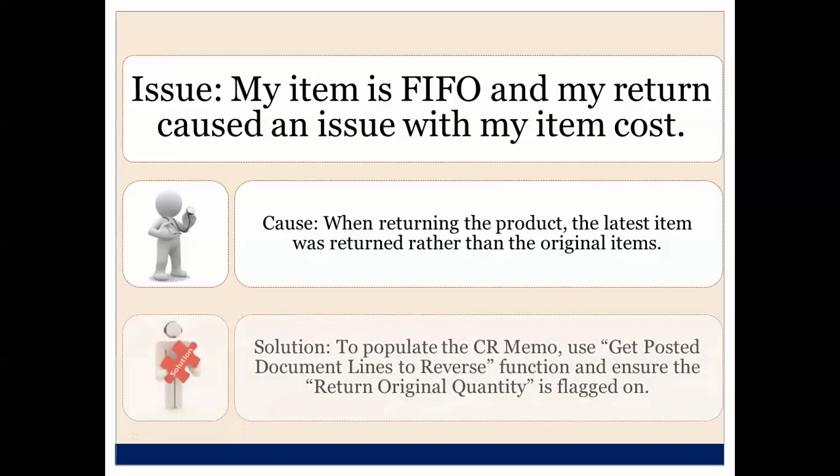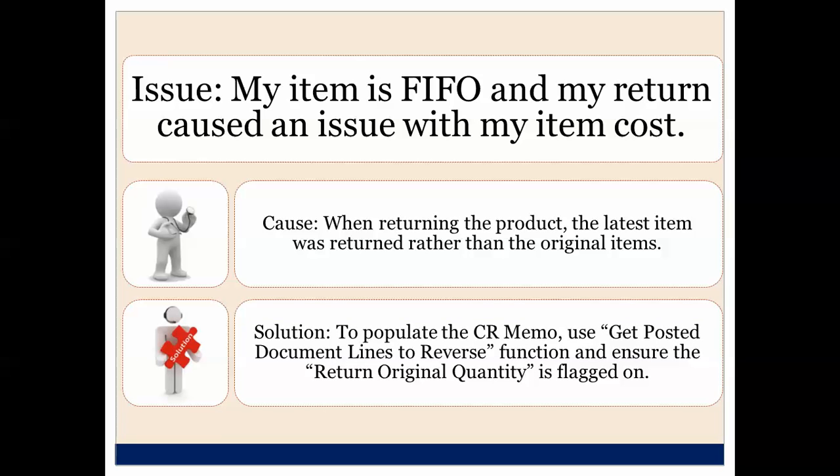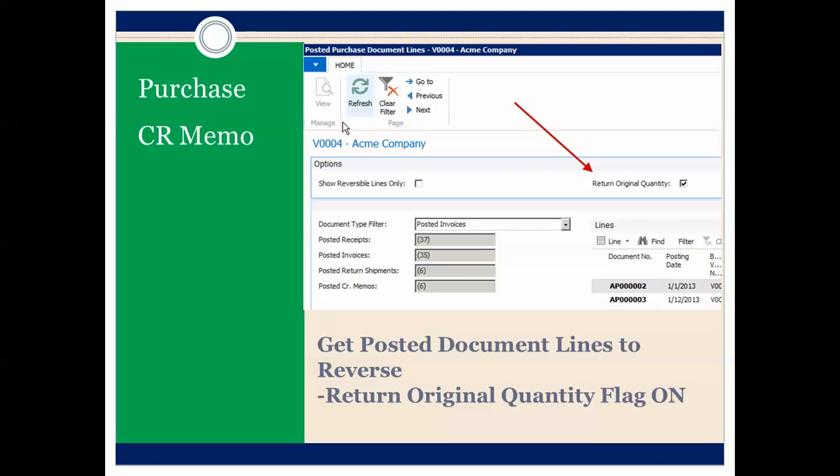So the way to resolve this is when you're populating your credit memo for your return, you need to use the get posted document lines to reverse, which is what I had just shown you, and ensure that the return original quantity is flagged on. I briefly touched on this when I was explaining the function, but here's a picture of it so you can see.